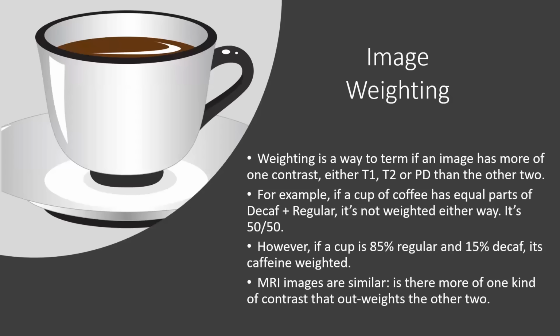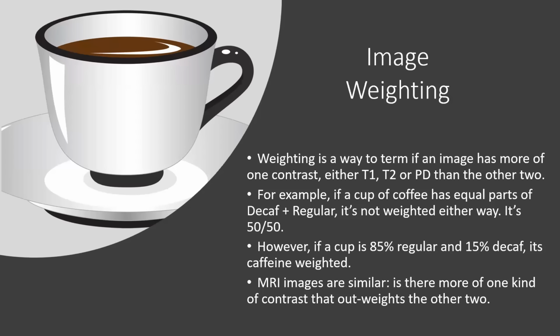So, weighting. We talked about image weighting, T1, T2, proton density. Weighting is a way to say if an image has more of one contrast, either T1, T2, or proton density. So for example, a cup of coffee, if it's got equal parts of decaf and regular, it's not weighted either way. I'm a Starbucks strong coffee kind of guy, so I use this analogy all the time.